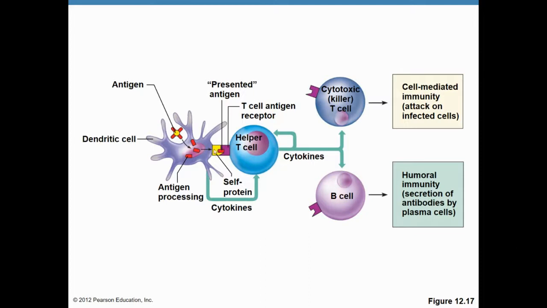So like the self-protein is like the hot dog bun, and the antigen that slides inside of it is going to be the hot dog, right? So the T cell is looking at an abnormal hot dog in a normal hot dog bun. And so the T cell will look at that and go, okay, well, I recognize the hot dog bun, but I don't recognize this hot dog. That's not right. And so it'll attack it.